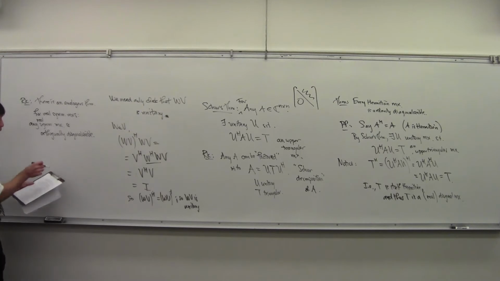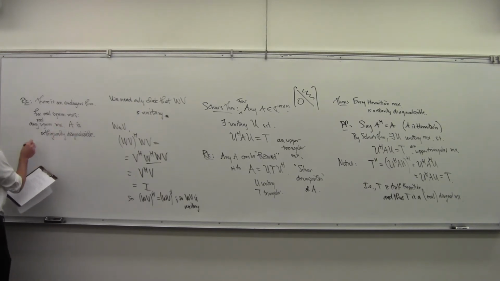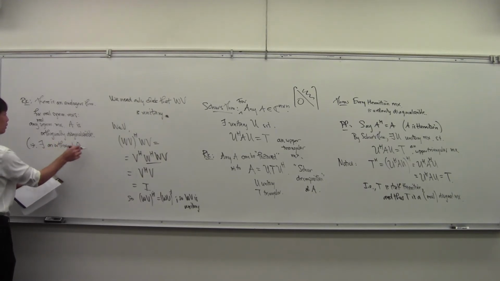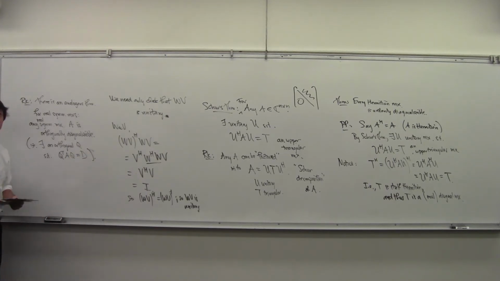In other words, there exists an orthogonal Q such that Q transpose AQ is diagonal. But we're not going to prove it. We're going to skip the proof of that.